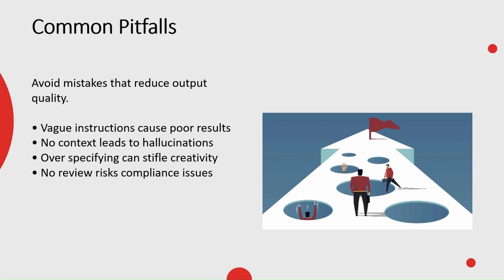However, don't over specify, because otherwise you remove from the AI the creative room it can use to produce your material. And most importantly, never skip the review process, because as the teacher, you are the final human oversight to ensure compliance and accuracy. I understand it saves you time, but you still have to review it a little bit.